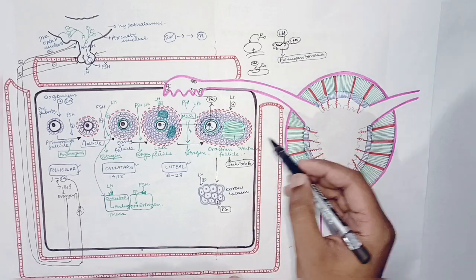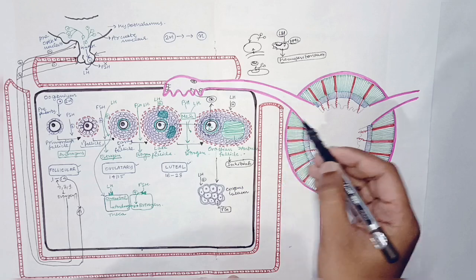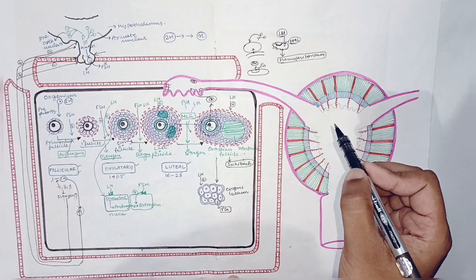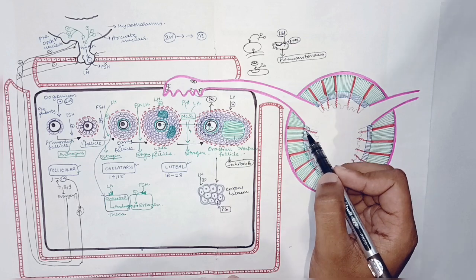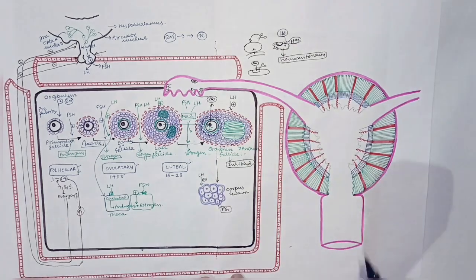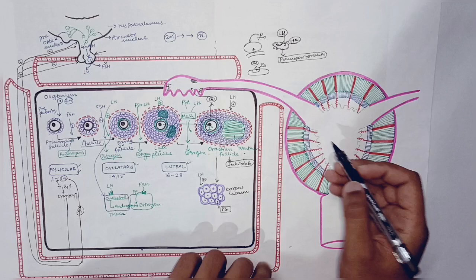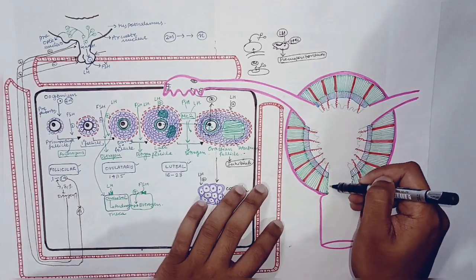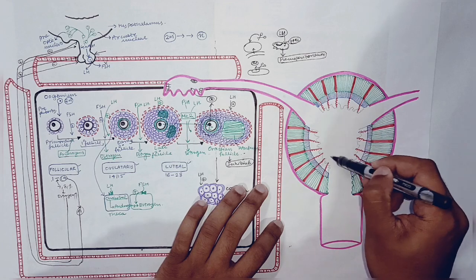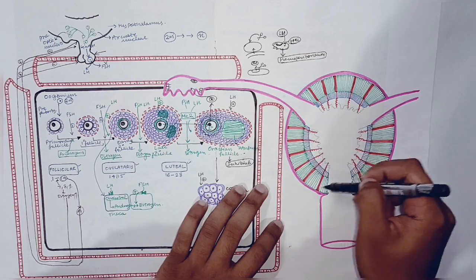Now, we are moving ahead to our menstrual cycle, which is also known as the female reproductive cycle. Before moving on to the menstrual cycle, we should understand the layers of the uterus. This is the uterine cavity and this is the uterus.